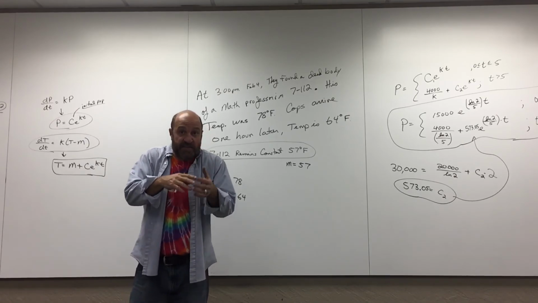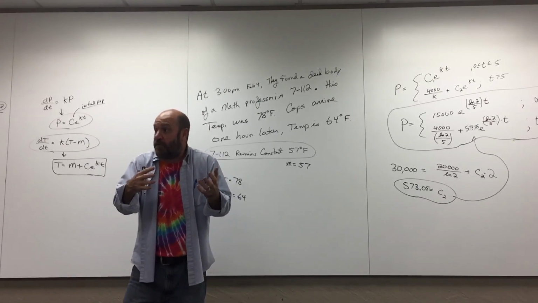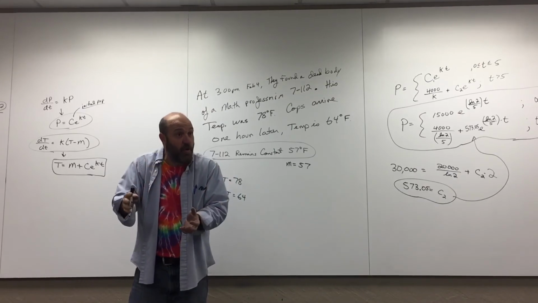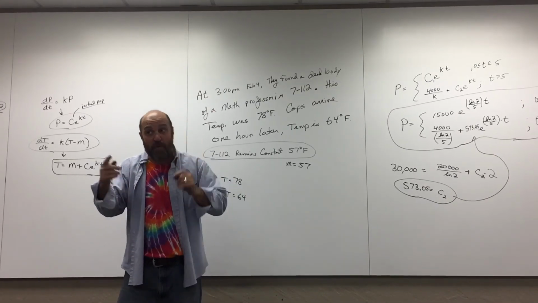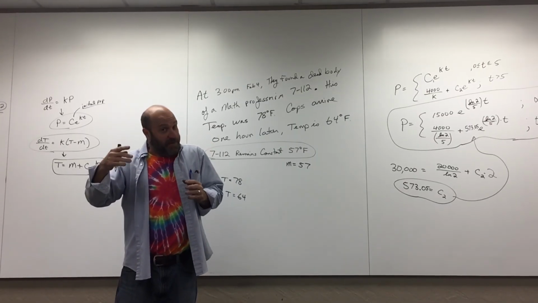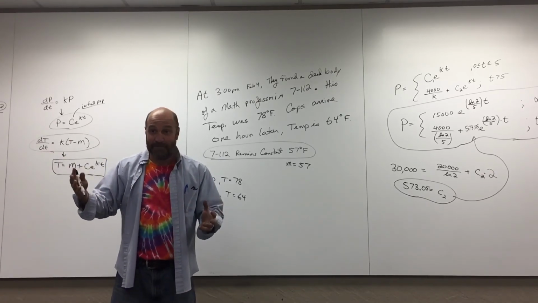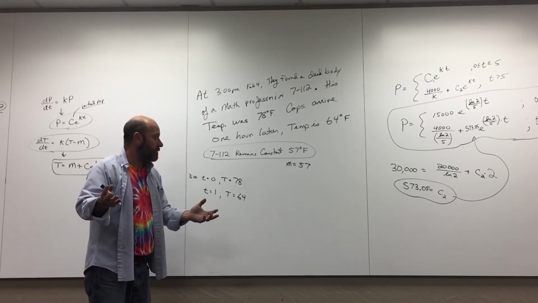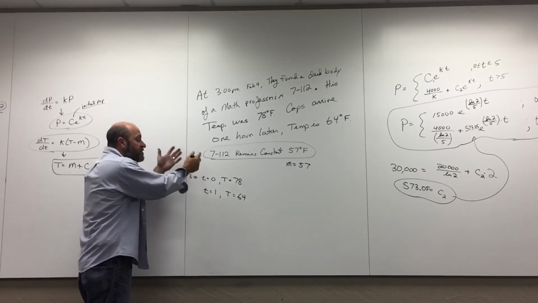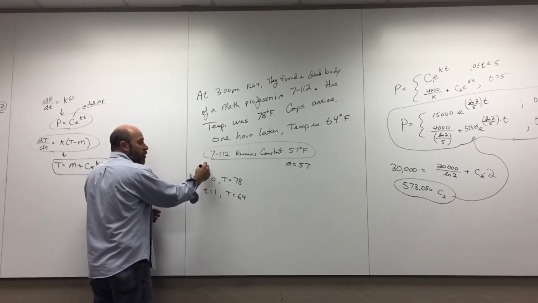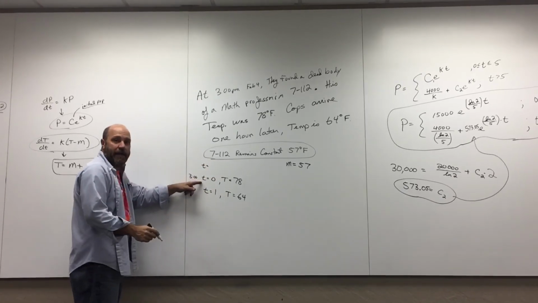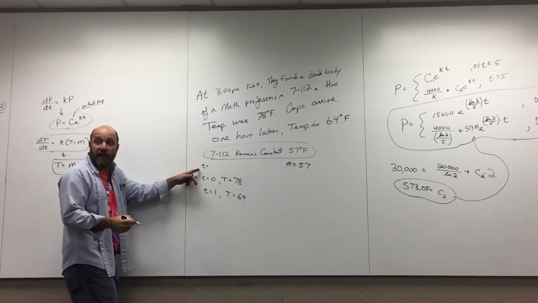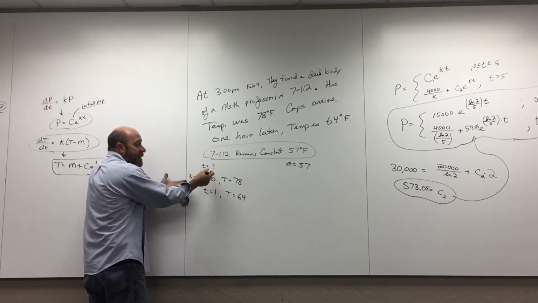And then he's in this cold environment, a 57-degree environment, and his body begins to cool down at a rate proportional to the difference between the body and the surrounding medium. Newton's law of cooling. So the question is, before time 0, the answer is going to be some negative time. When did he die?